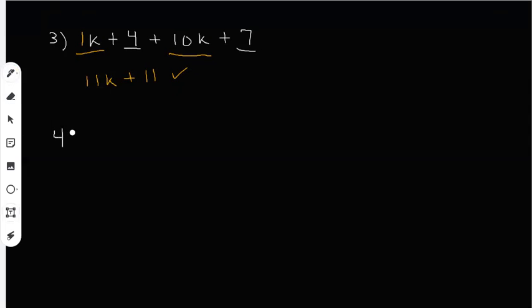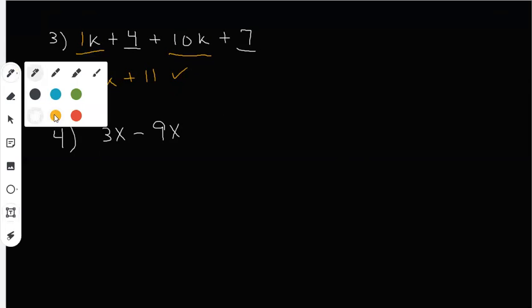Let's try number 4. 4 is going to be 3x minus 9x. So for this one, notice that they're both ending in an x.